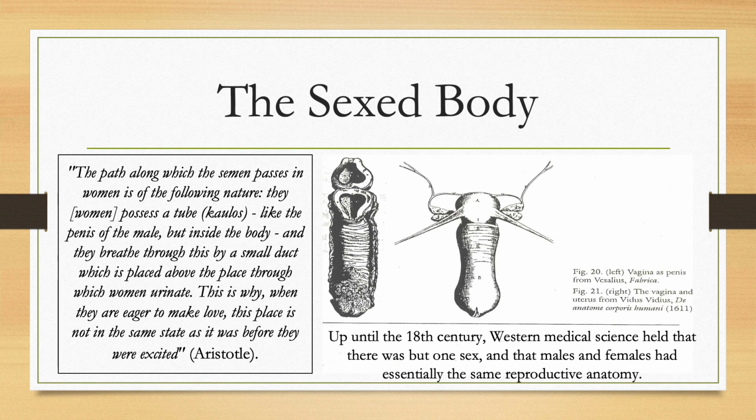Interestingly, if we go back in time, we find a quite different way of understanding bodies. In ancient Greece, for example, there was no such thing as the female body. Instead of this, there was just one body with two variants. If it was cold, it was female. If it was warm, it was male.